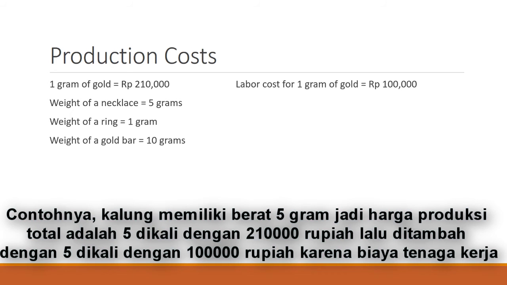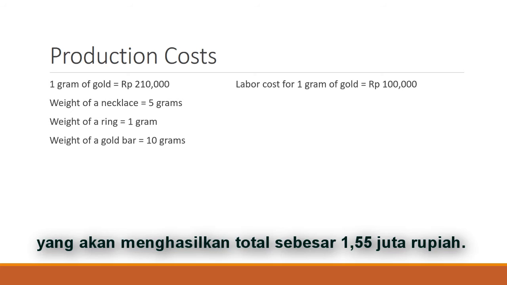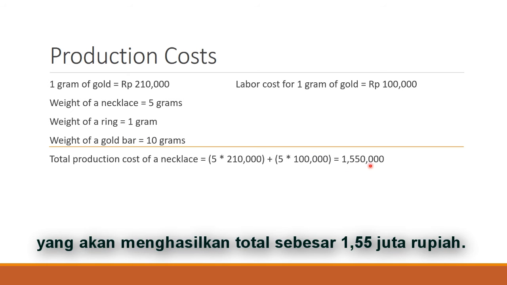So for example, the necklace weighs 5 grams. So for the production cost of the gold, it will be 5 times 210,000 rupiah. In addition to it, because it is an accessory, 5 times 100,000 because of the labor cost. So that will total 1,550,000 rupiah.